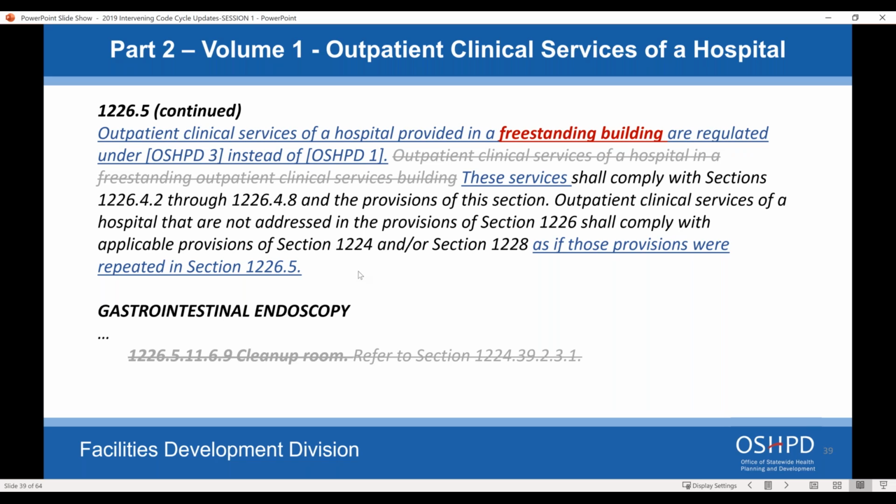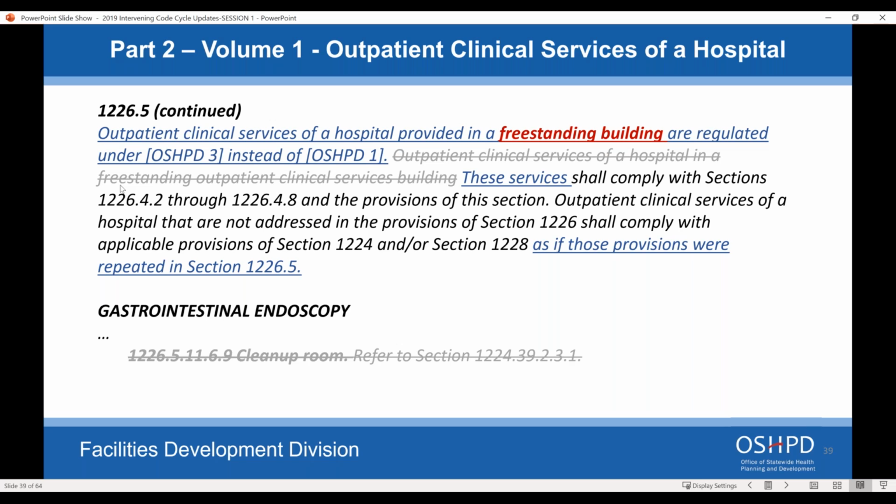Continuing with that, outpatient clinical service of the hospital provided in a freestanding building are regulated as OSHPD 3 and not OSHPD 1. Again, the acute care services most likely have been removed from that building. That's why it is a freestanding outpatient building now, and it goes by the occupancy, and the occupancy should be OSHPD 3 at this point.